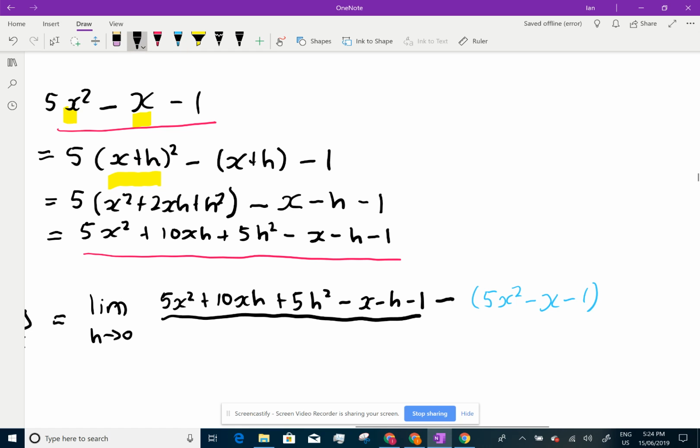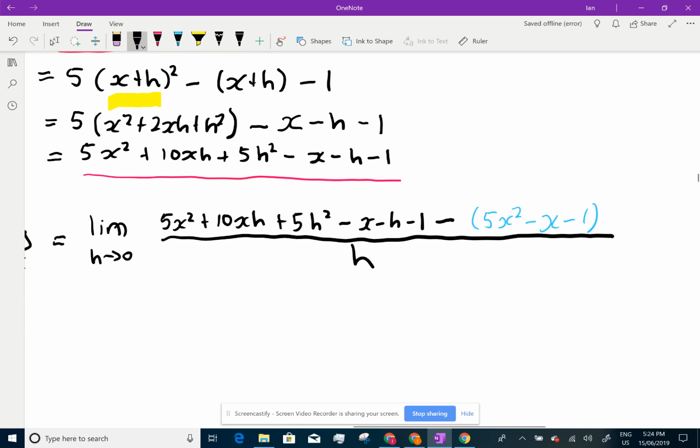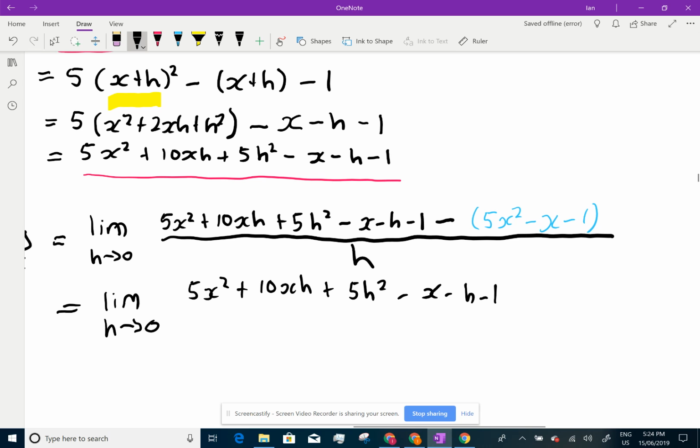And all of that is over h. Okay, the limit as h approaches 0, 5x squared plus 10xh plus 5h squared minus x minus h minus 1.